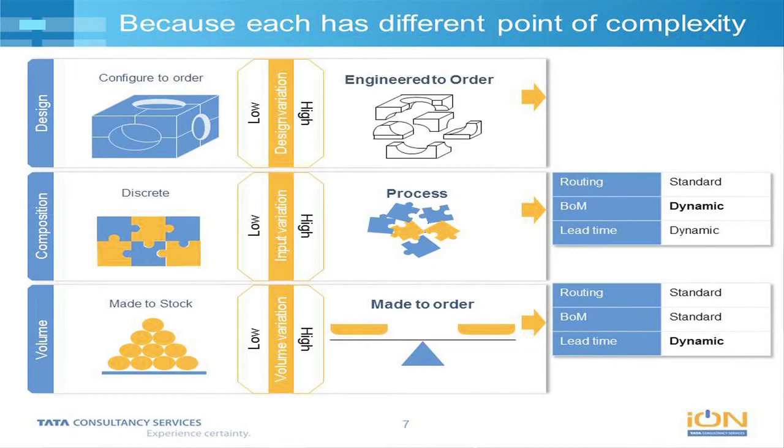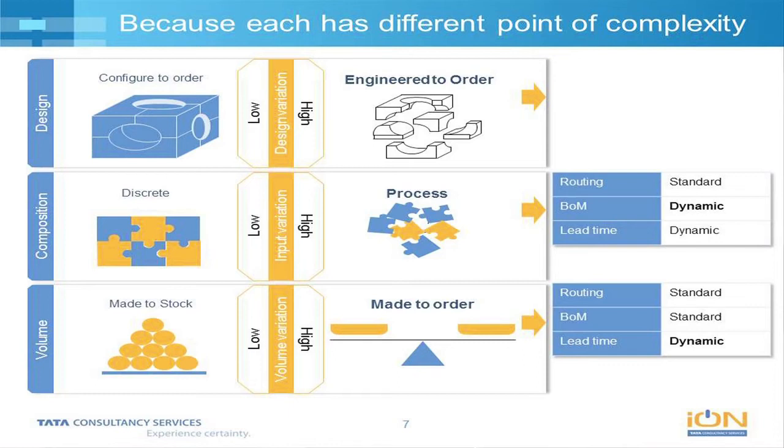In process manufacturing, where there is high variation in the bill of material, we try to come up with a system that will make the bill of material dynamic, which means that you have a system of formulations where, based on certain parameters, the system is able to advise you what is the formulation of the recipe in which your products are to be manufactured, and what would be the inventory consumption based on that formulation.